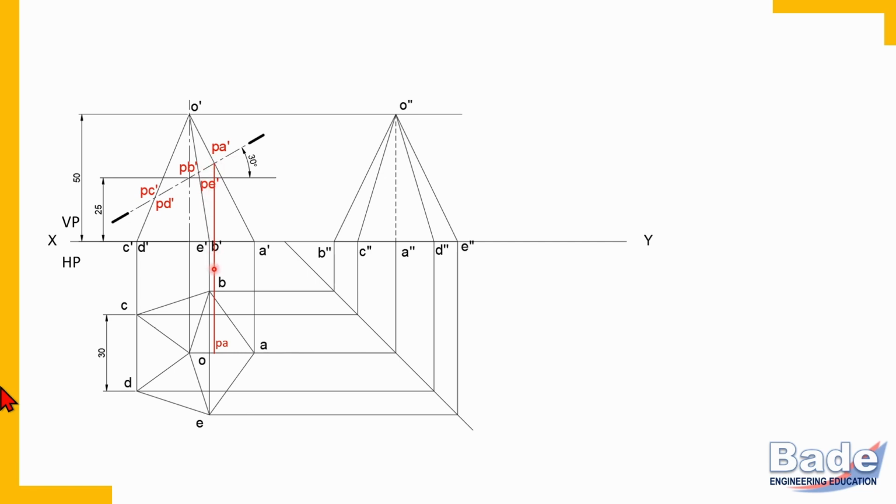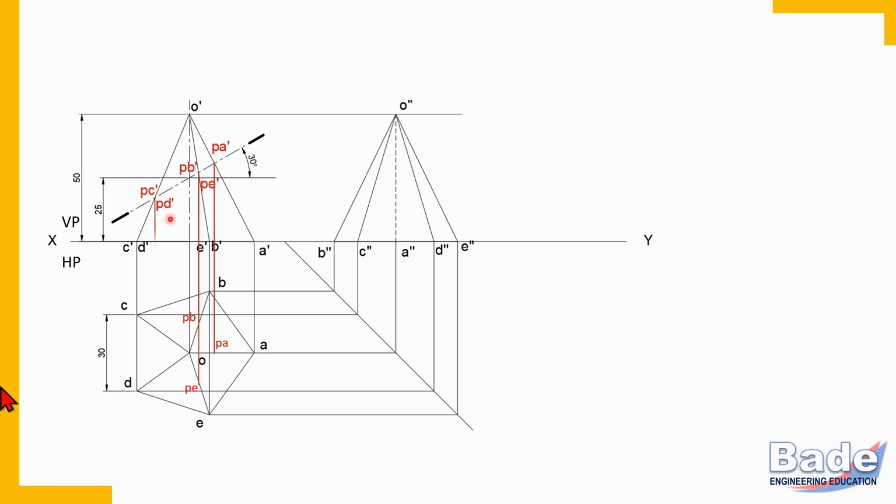So on this projector, point PA is, and point PA is also on edge OA, and that is why we have located PA on edge OA in the top view. Now we'll transfer PB and PE. So this is the projector from PB. So we got PB on edge OB. Proceed, and we'll get PE on edge OE.